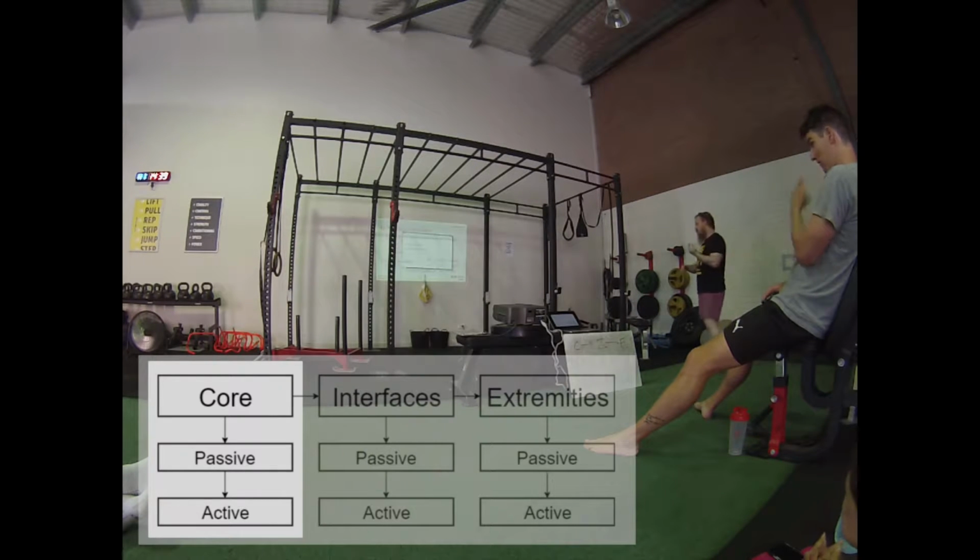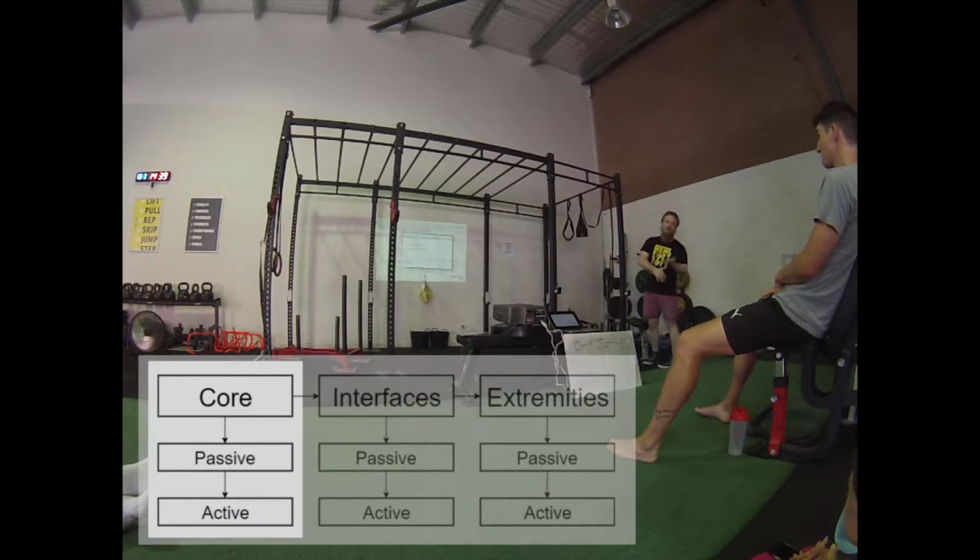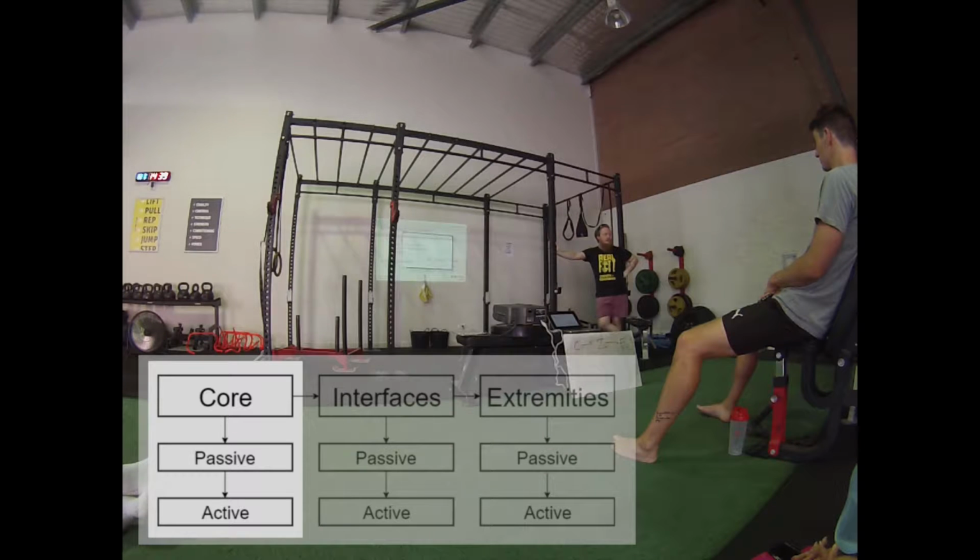Start with the core. Is it a passive problem? No. Why isn't it a passive problem? Right. For the same reason we know it's not for Kim. It looks fine when he's coming back down. So it's an active issue.